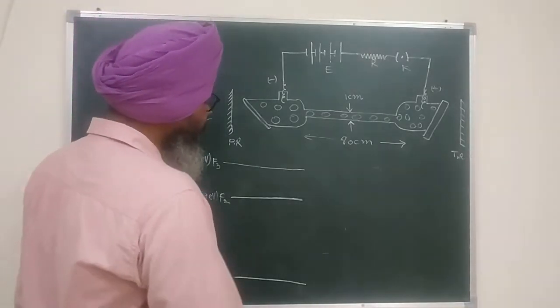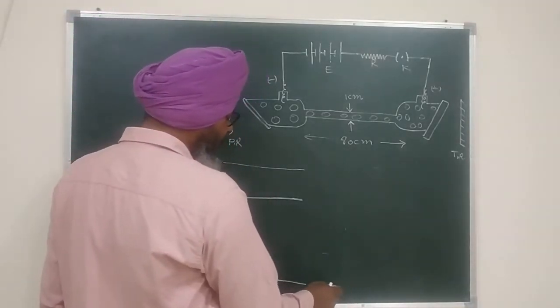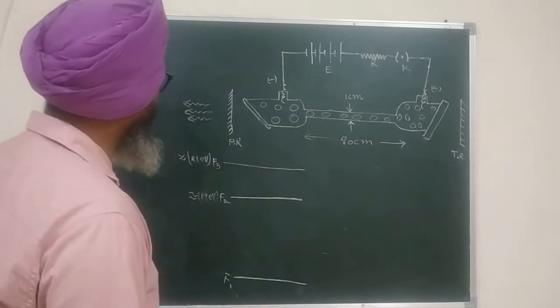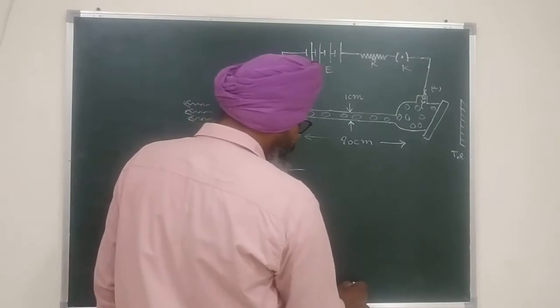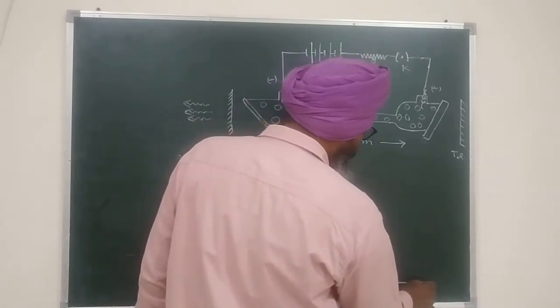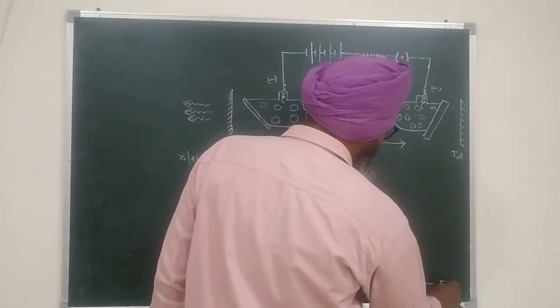Now the energy level diagram, if I draw the energy level diagram of neon, then I will use symbols E for designating the energy levels of neon.